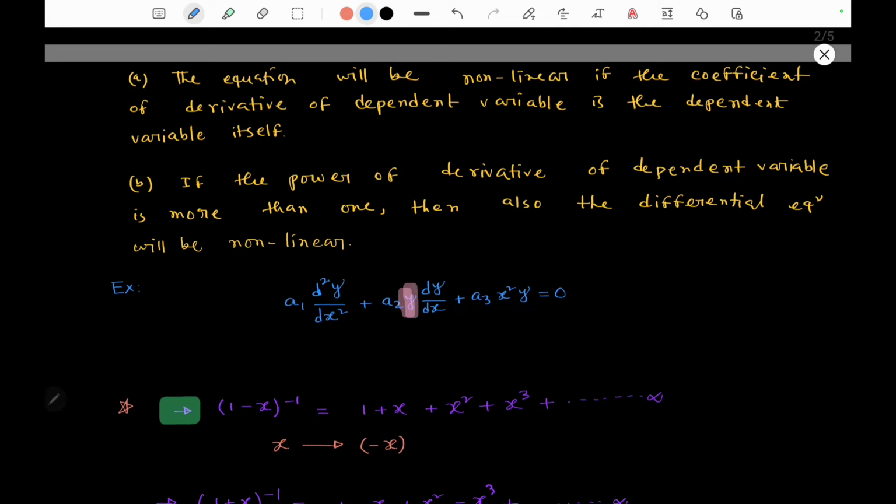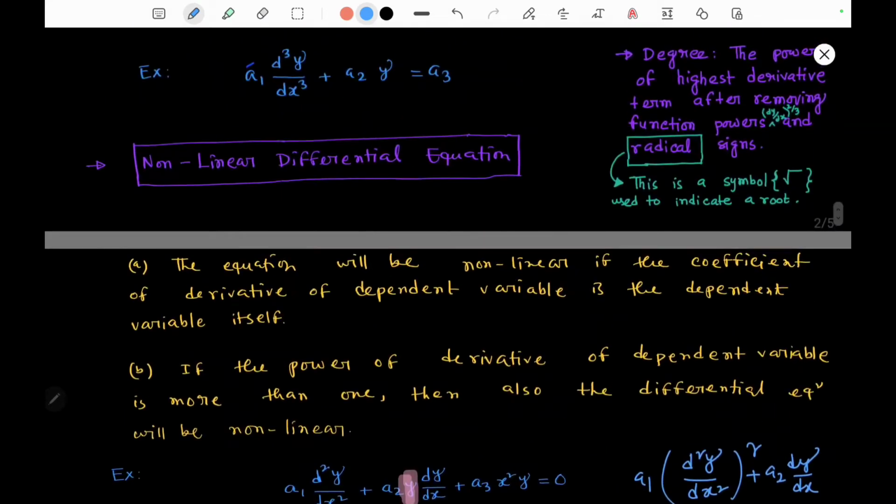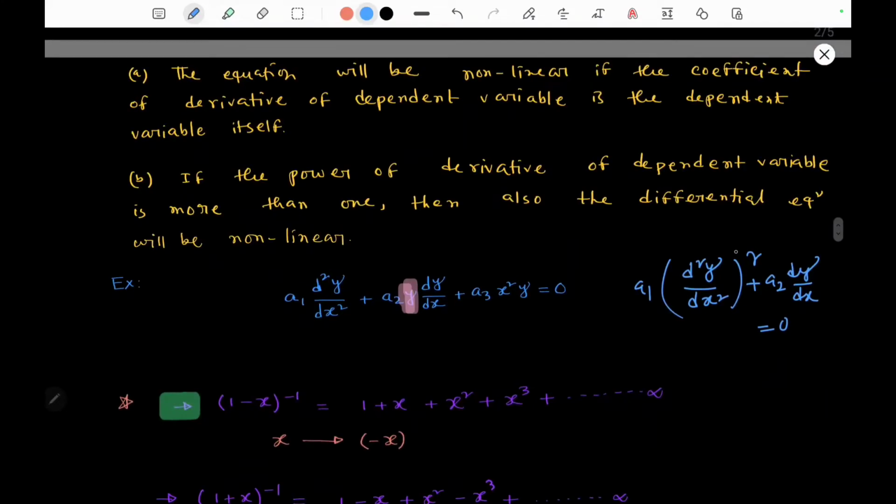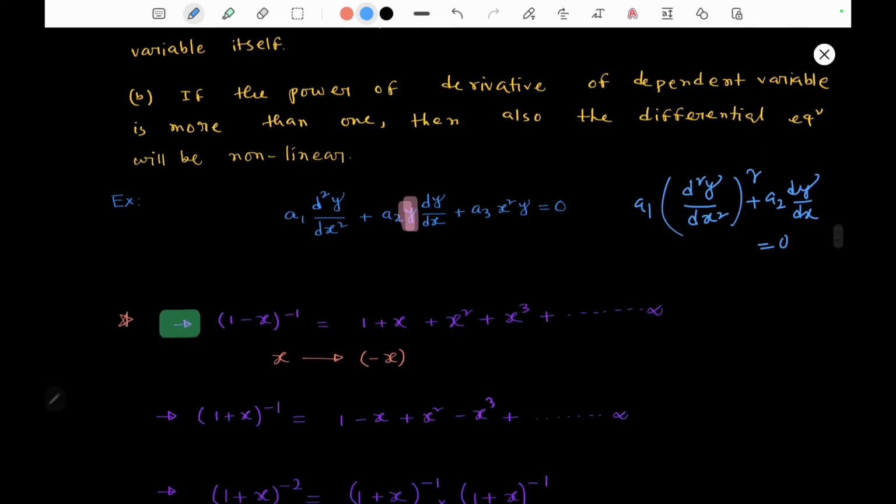If we write it like this, d2y by dx squared whole squared, a1 plus a2 dy by dx equals 0, this is also an example of a non-linear differential equation, because the power or degree of the highest order derivative is more than 1.